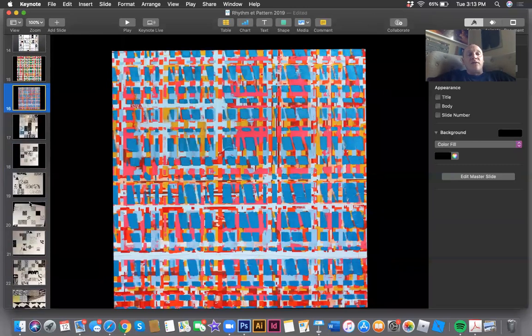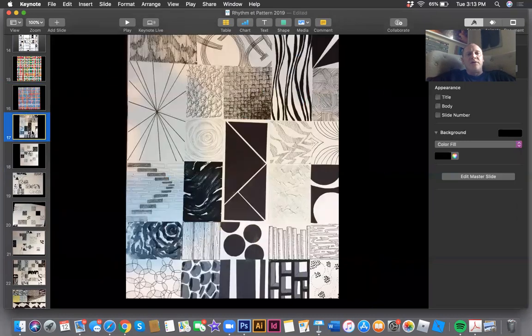So this is going to be a lot more fun of an assignment compared to the last where we got really clinical and technical. This assignment is simply you dividing up a page and making examples of rhythm, not pattern, but rhythm. You can use any media you like.